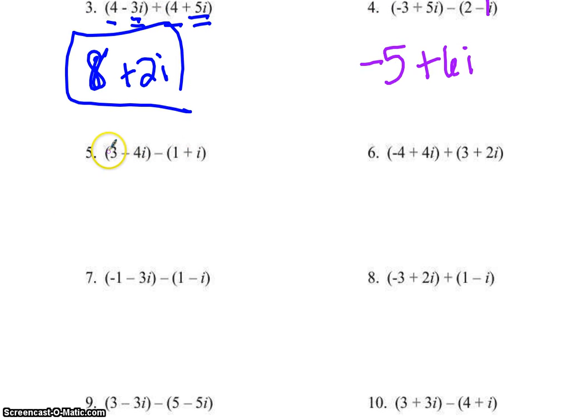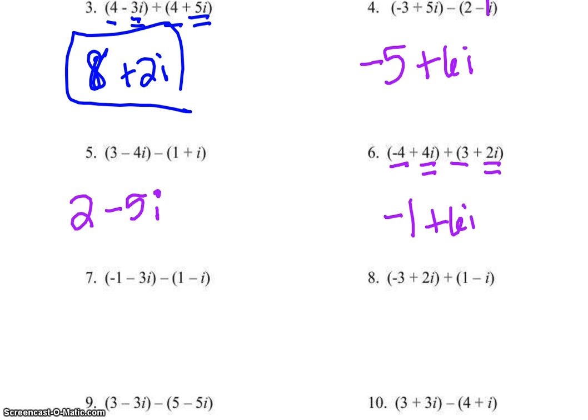Number 5, you're going to say 3 minus 1 is 2. And you're going to say -4 minus 1 is minus 5i. Number 6, -4 plus 3 is a -1. 4 plus 2 is 6, so plus 6i.